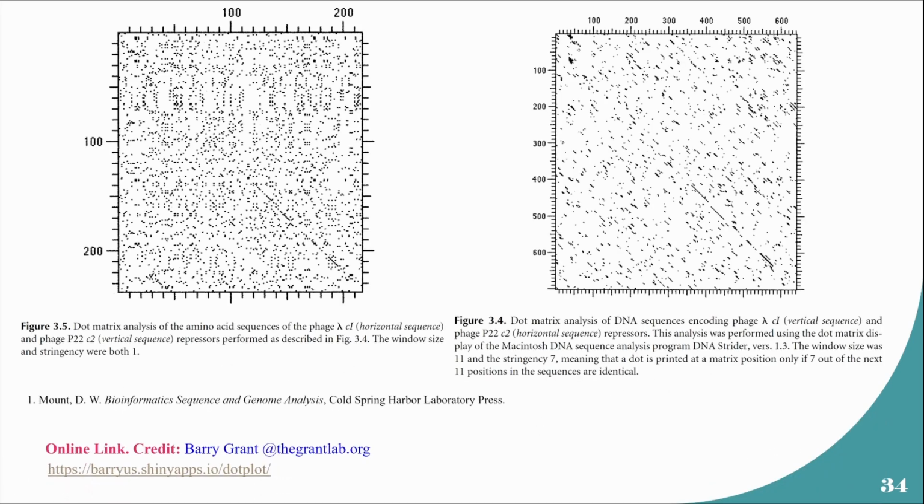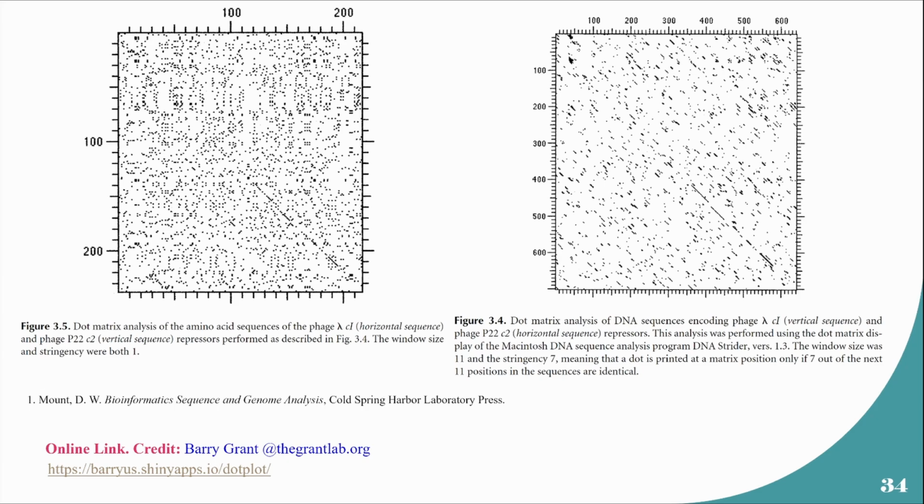Now another question can arise here. Let's say you have a 1,000 nucleotide long DNA sequence, and you are matching against another 1,000 nucleotide long DNA sequence, right? And conversely, let's say you have a 1,000 amino acid long protein sequence, and you are matching against a 1,000 amino acid long protein sequence.